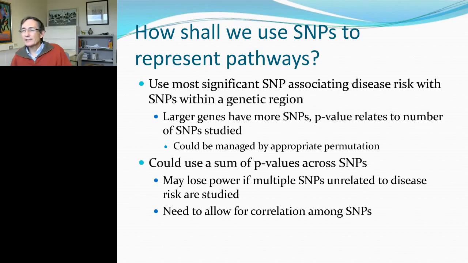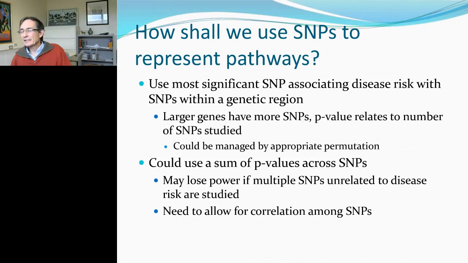So how do we use SNPs to represent pathways? In the Gene Set Enrichment approach, the way this has been applied is to use the most significant SNP in a gene as being the one that represents that gene. Again, larger genes have more SNPs, and so the p-values relate to the number of SNPs that were studied. And the immediate concern is this might lead to more positive findings for larger genes.